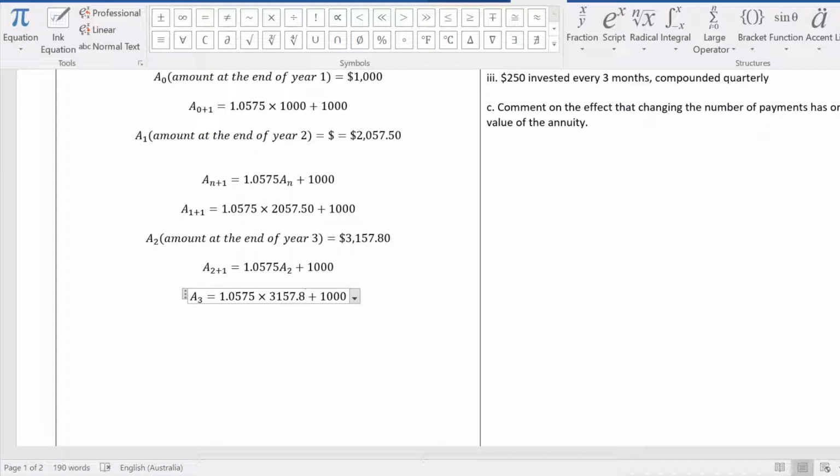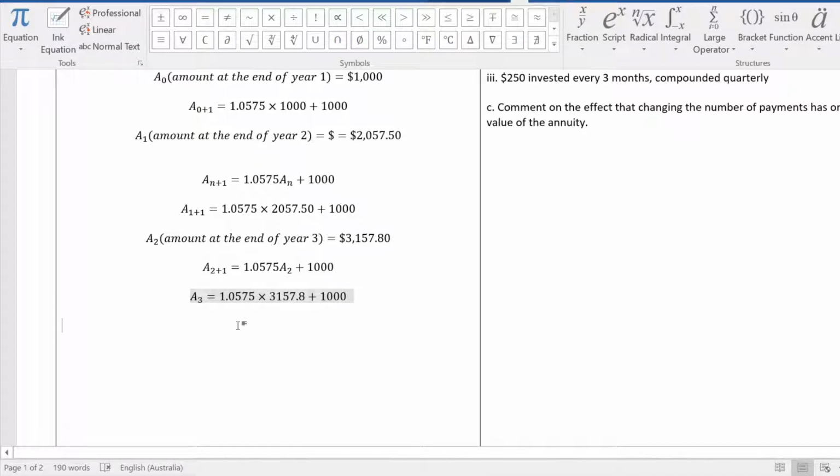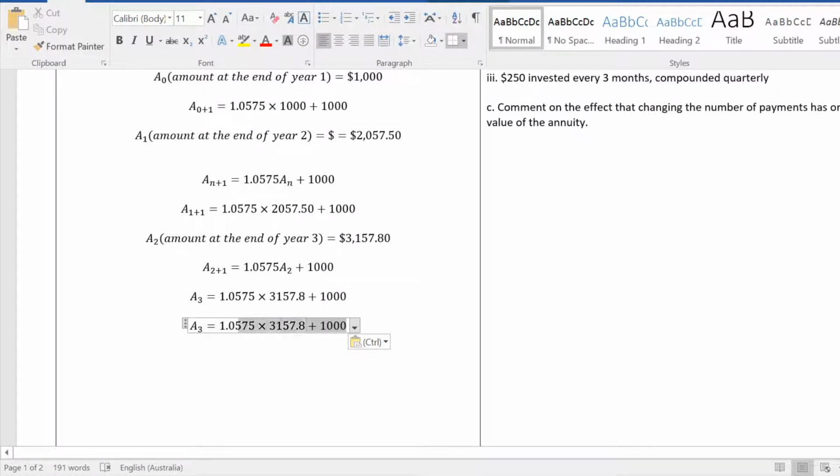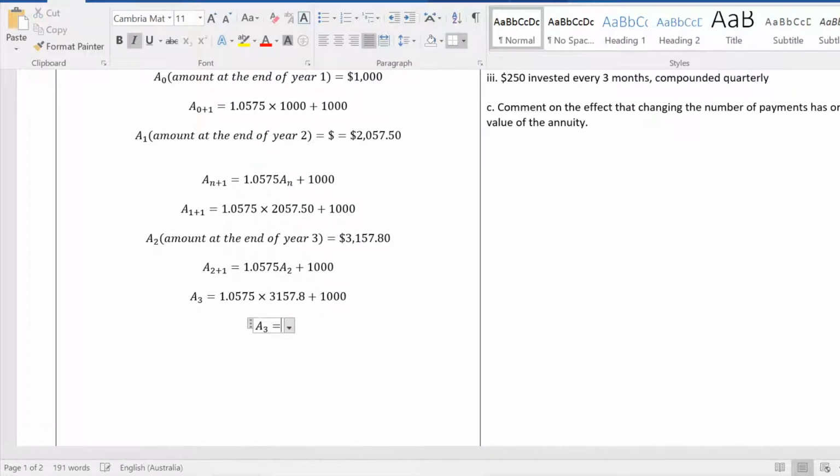Okay, and we put that into the calculator. $4,358.52. Sorry, 42 cents that should be.